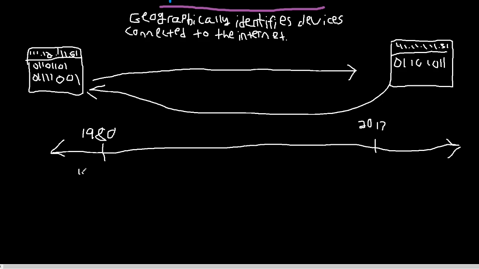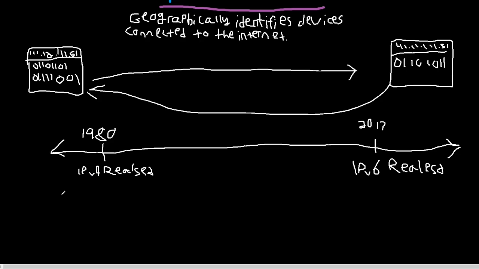So, in 1980, IPv4 was released. Now in 2017, IPv6 was released. IPv4 is the oldest IP address that you can have.